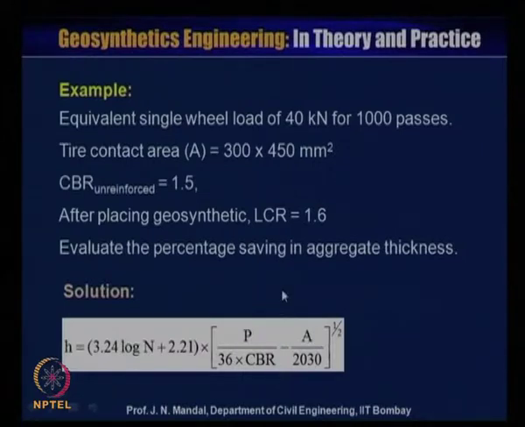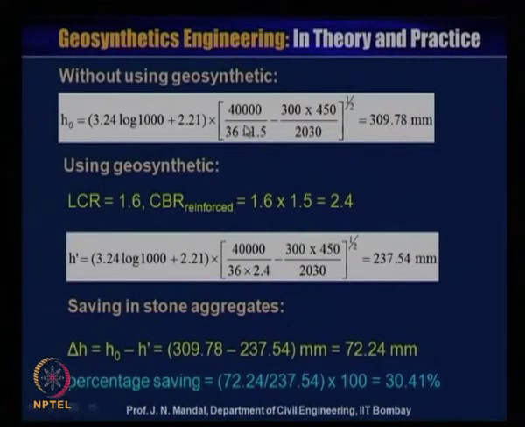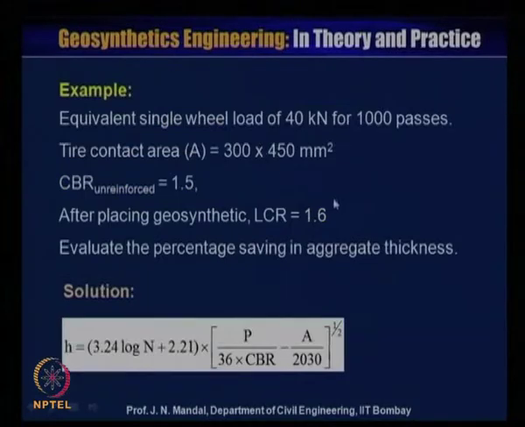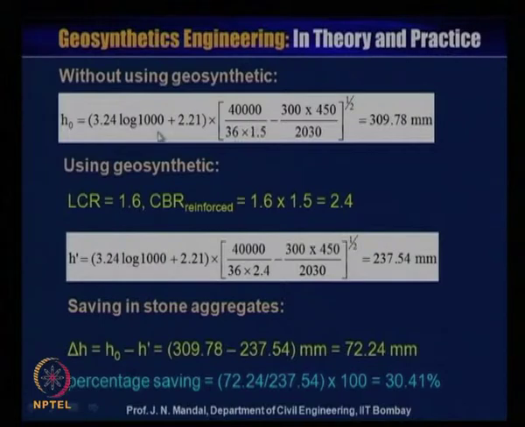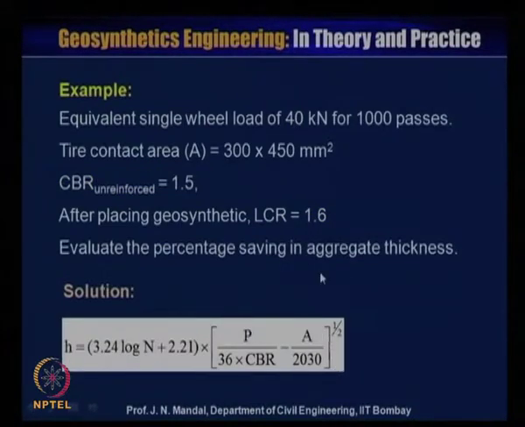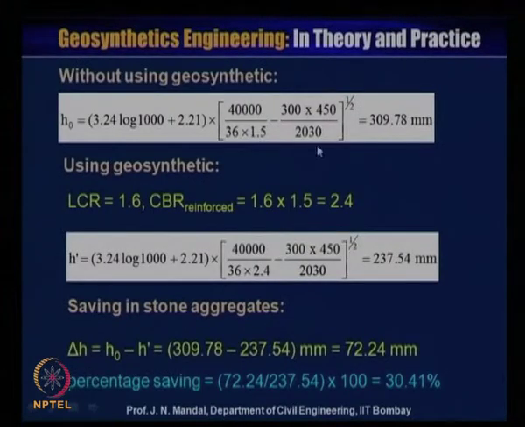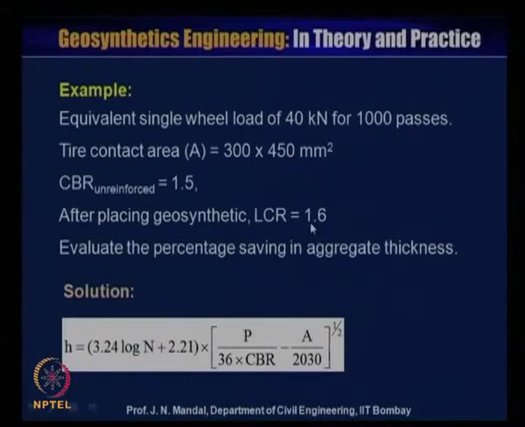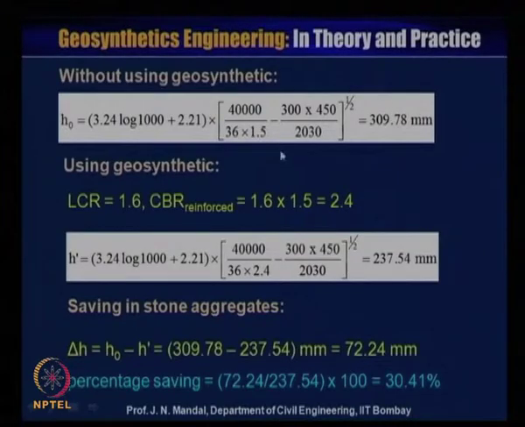The P here is 40 kilonewton, so in terms of Newton, this is divided by 36, and this CBR is 1.5, and A is 300 into 450, divided by 2030, whole to the power half. So you can obtain H0 is equal to 309.78 millimeter.